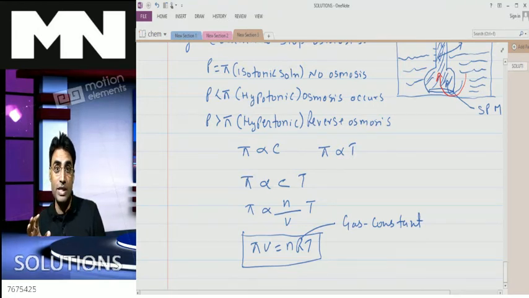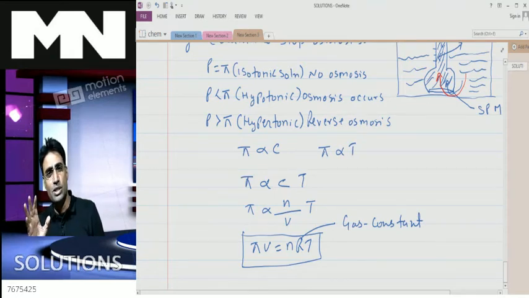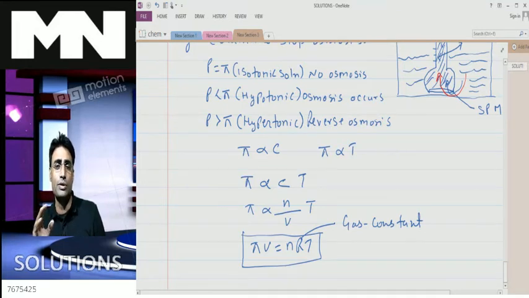Now, since it is measured at optimum temperature, neither do the particles undergo dissociation, as in case of elevation in boiling point, nor do they undergo polymerization, as in case of depression in freezing point. So, the number of particles does not change. That's why through osmotic pressure, we can calculate accurate molar mass of an unknown solute.